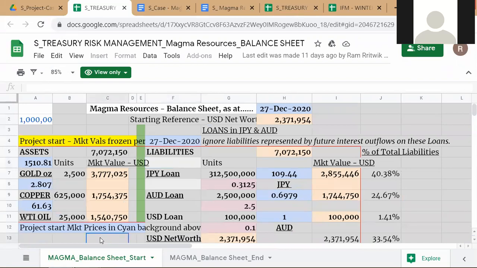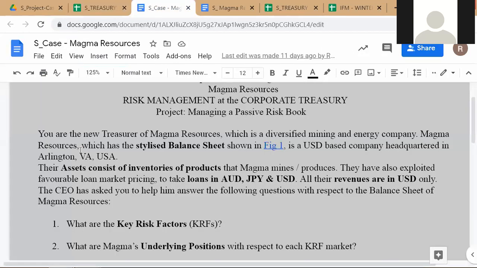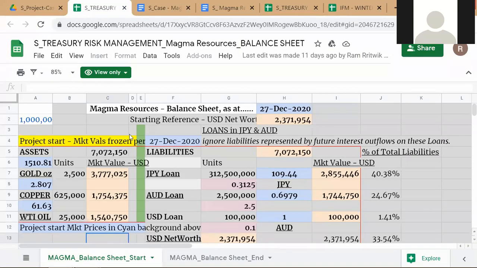All right. So here you can see the word stylized means that it's not the full balance sheet. I have taken certain key aspects of the balance sheet and created a kind of model balance sheet. It's like a bare bones balance sheet showing only the important aspects that I want to highlight. That's what is meant by stylized here.